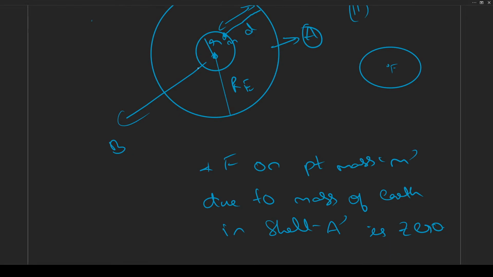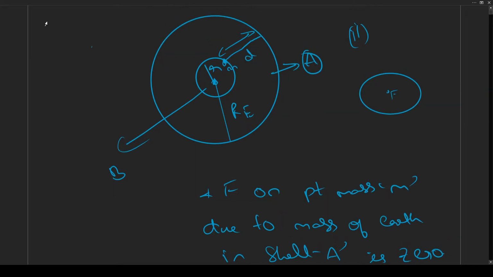But if we consider according to this pair, then this point is situated at a point outside it or on the surface. Because of that, we only need to calculate the force on this mass due to this inside shell B. Only this shell matters. That is what NCERT is saying.